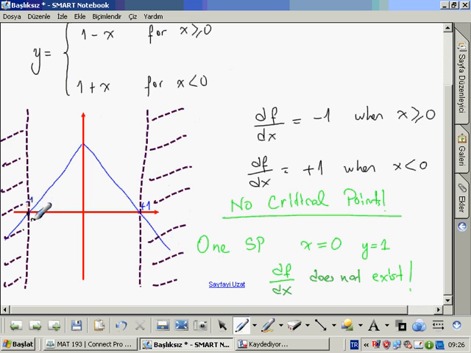So look at this point, and at this point we have local minimums, and also absolute minimums.